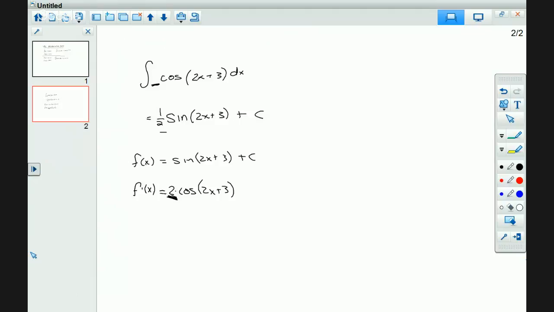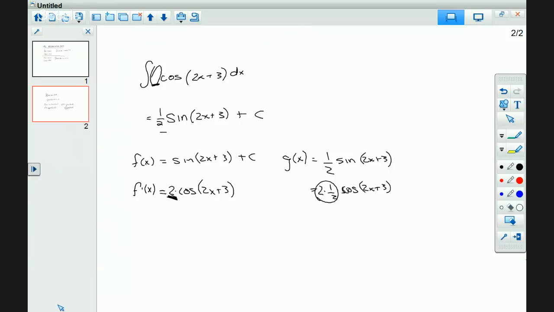So let's try it now. What's the derivative of this? Cosine, right, times 2. See that number? Now it matches that number.